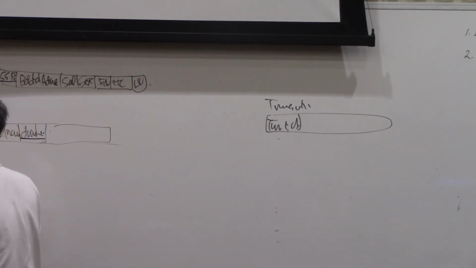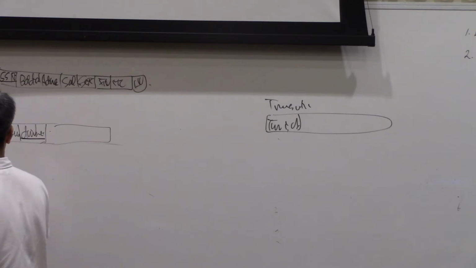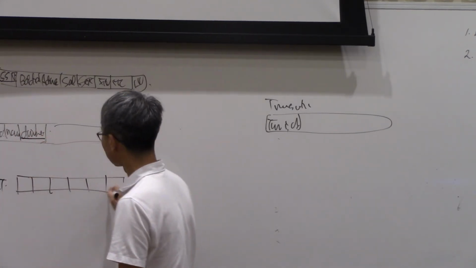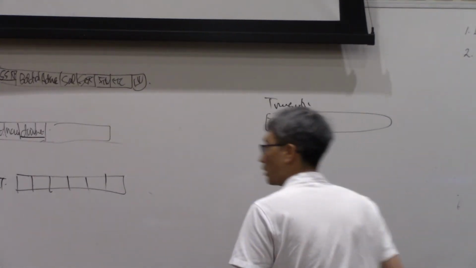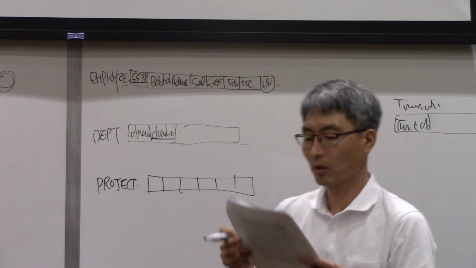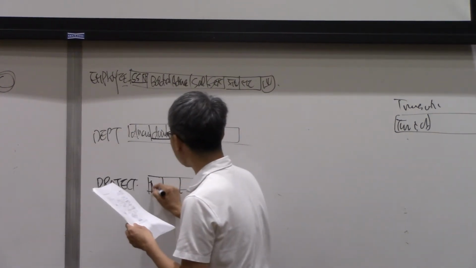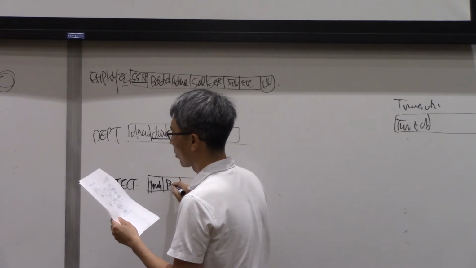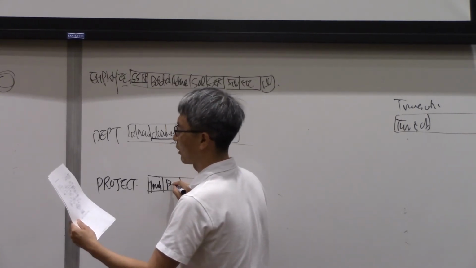Then we have what? The project. In case of a project, we also have the P number and P location. Where's the project?